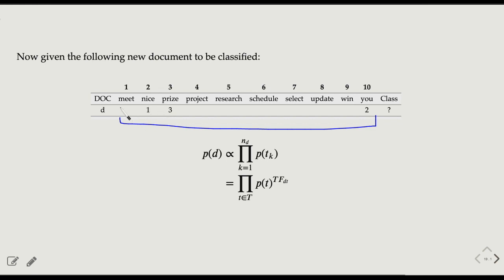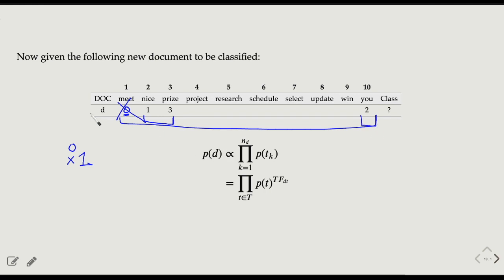If they do not appear, the occurrence is actually 0, so we are not going to consider them here, simply because in the formula, if the term frequency is 0, you're going to raise whatever number to the order of 0, which becomes 1, and multiplying something by 1 doesn't really matter. So here we are only going to look at the non-zero values.